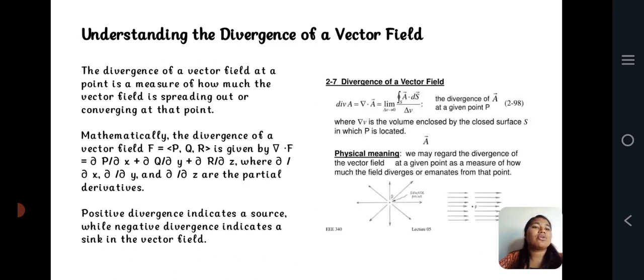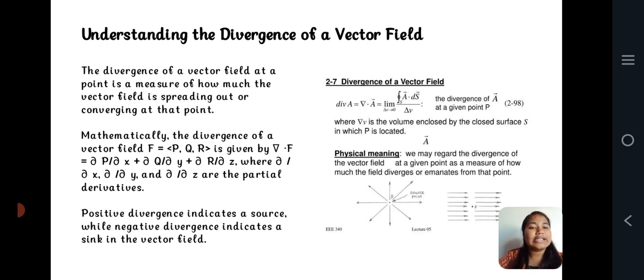Understanding the divergence of a vector field. The divergence of a vector field at a point is a measure of how much the vector field is spreading out or converging at that point. Mathematically, the divergence of a vector field F = <P, Q, R> is given by ∇·F = ∂P/∂x + ∂Q/∂y + ∂R/∂z, where ∂/∂x, ∂/∂y, and ∂/∂z are the partial derivatives.